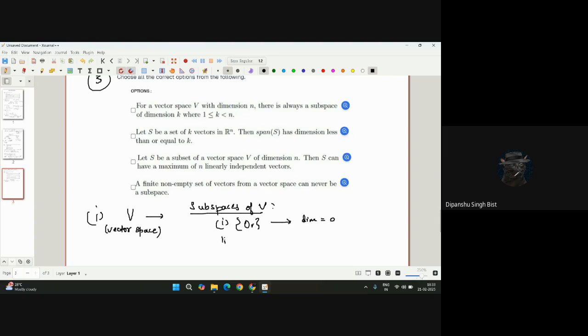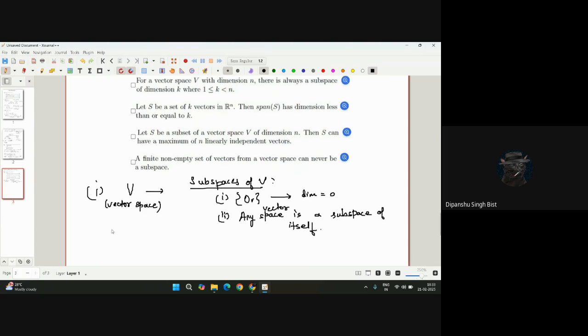And then the subspace having the same dimension. Because every space is a subspace of itself. So it's also one of the theorems that you can keep in your mind. Any vector space is a subspace of itself.